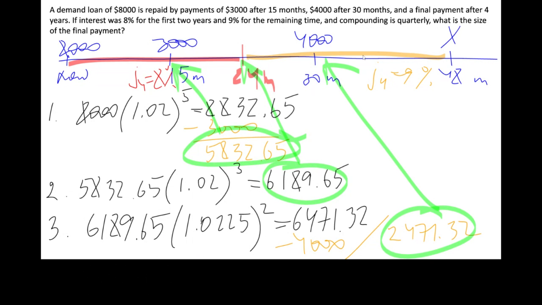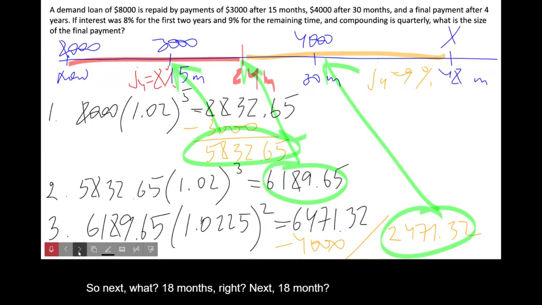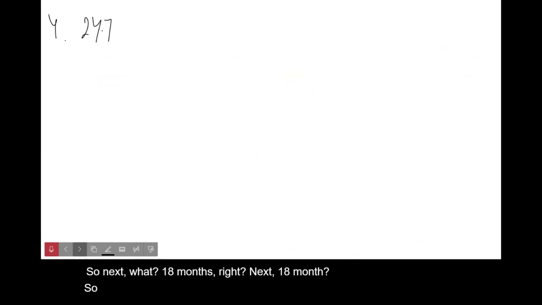Okay, so next, 18 months, right? Next 18 months. So 2,471.32.